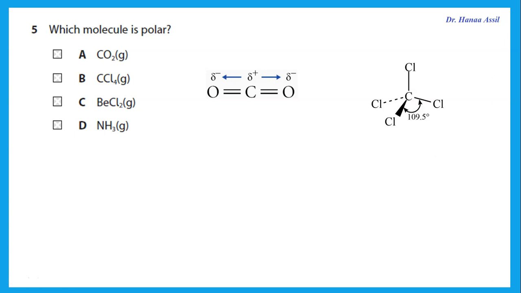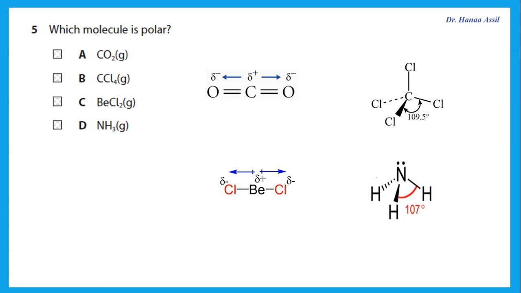That means each bond will have a polarity pointing towards the chlorine, but they are in opposite directions. They cancel. The molecule overall is not polar. BeCl2, again, there is a polarity pointing towards the chlorines, but the polarities are in opposite direction, cancel each other. The molecule is not polar.